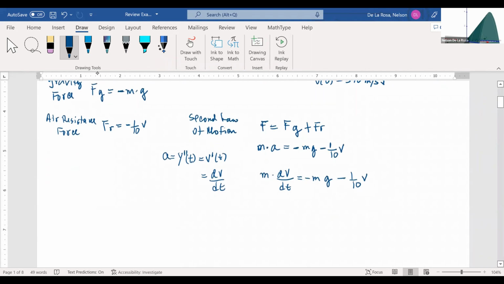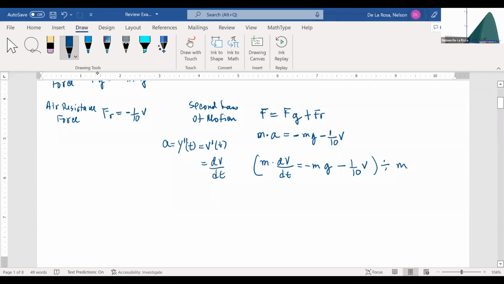Now we can divide everything by m in order to come up with a differential equation that is familiar to us. So we divide everything by m, and then we have dv dt equals -g minus 1/10 m v.